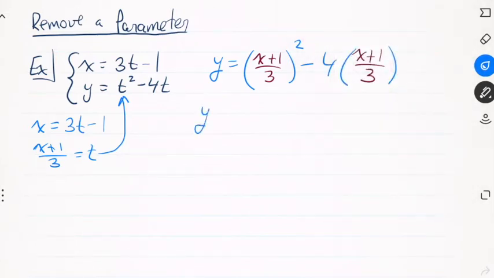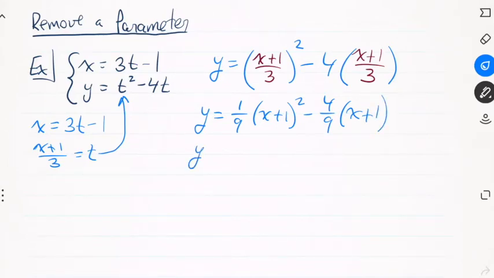So we're going to get y is equal to. This 3 in the bottom for square purposes is kind of messy, so I'm going to square it first and then get it out of the way. So that's 1/9. So it's 1/9 times x plus 1 all squared minus 4/9 times x plus 1. It just makes life a little bit easier.